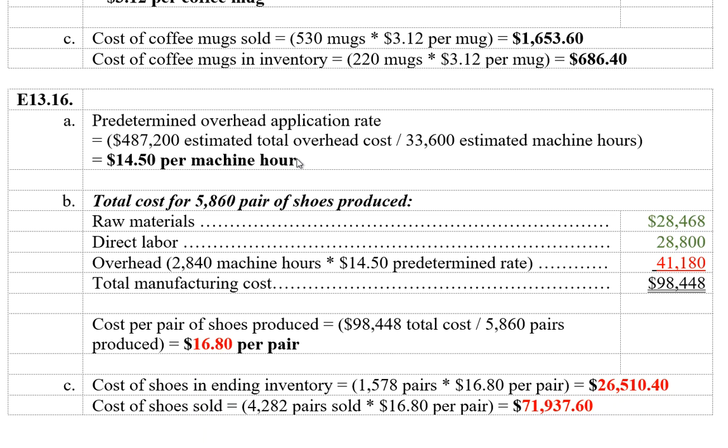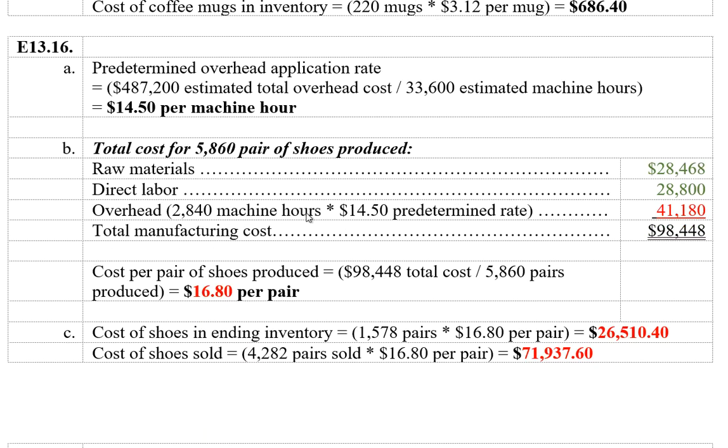on this particular rate. Now they give us these pairs of shoes that are being produced, and they give us these numbers, like we're going to use this amount of raw materials and this amount of direct labor. And I want you to understand that raw materials are easier to calculate as you put them into the product, and direct labor is easier to calculate as you put it into the product.